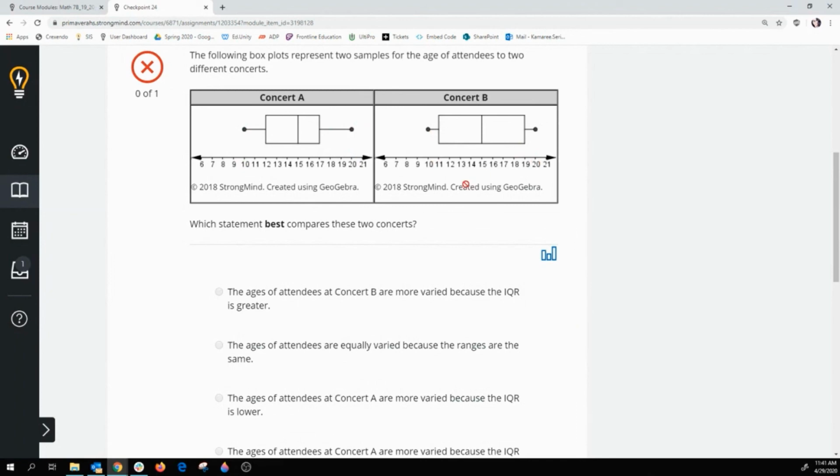So now I need to look at the actual box itself. So if I look at the box of A and compare it to the box of B, is one wider than the other? Chelsea says B is wider. I agree, right? B is longer than A, which means that B is more varied.